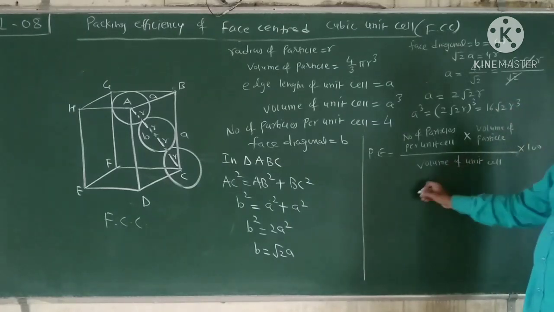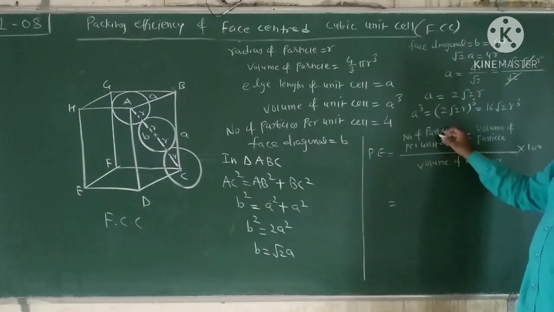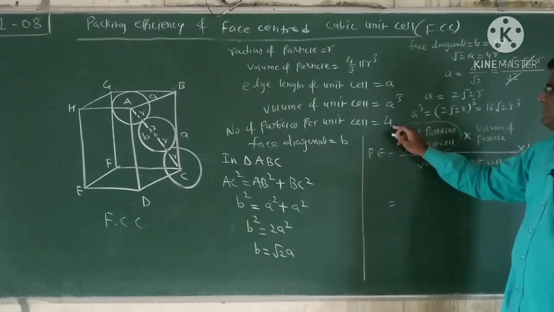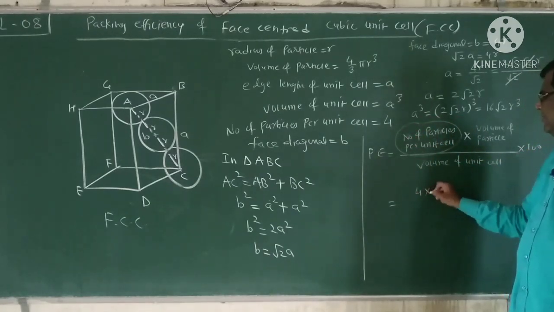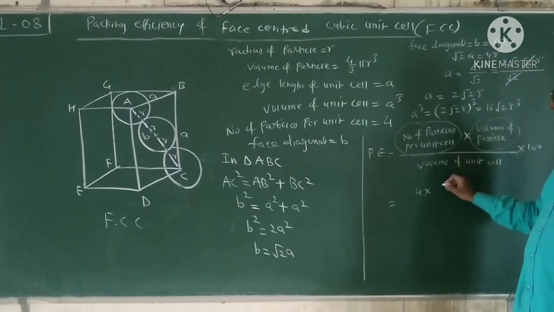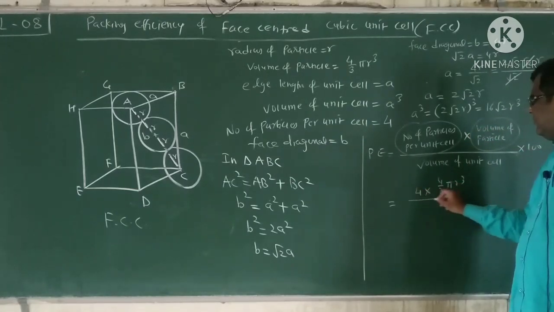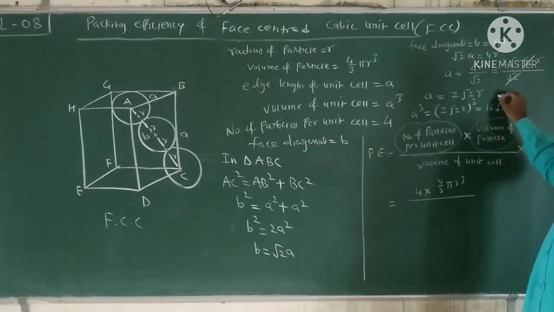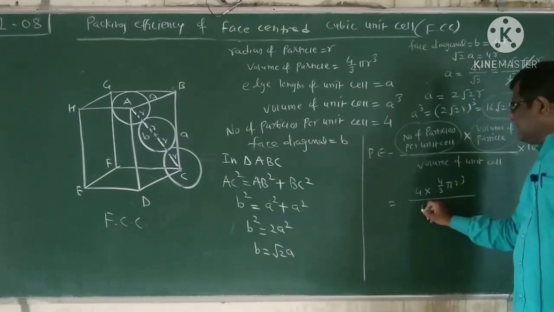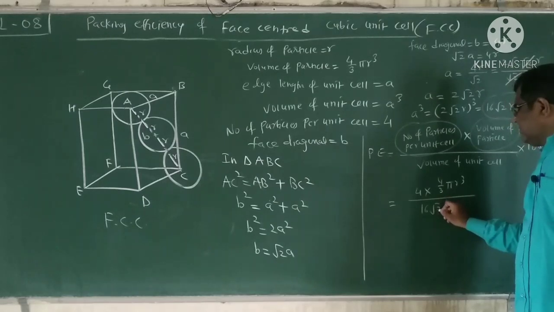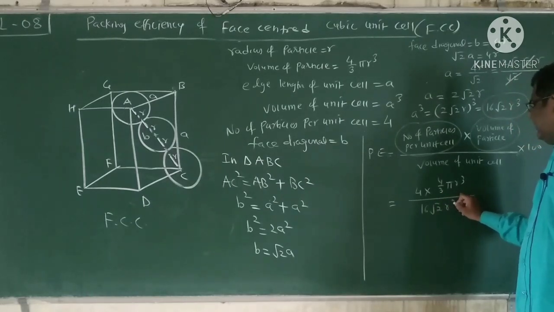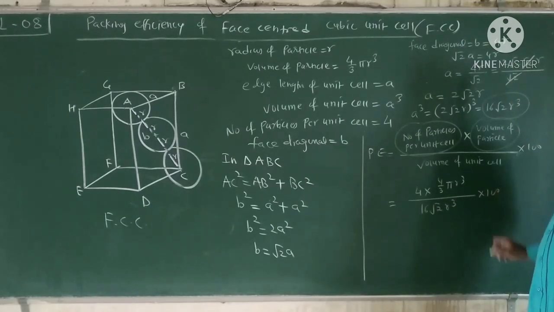Now we can put this in the formula. Number of particles per unit cell is 4 here. Volume of particle is 4 by 3 pi r cube. Volume of unit cell is 16 multiplied by square root of 2 multiplied by r cube, multiplied by 100.